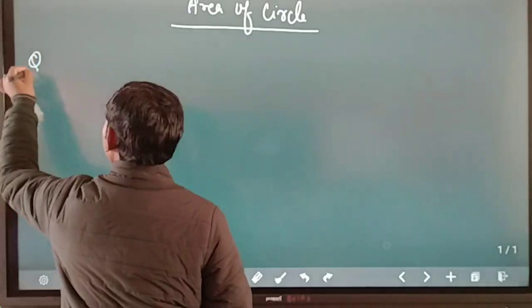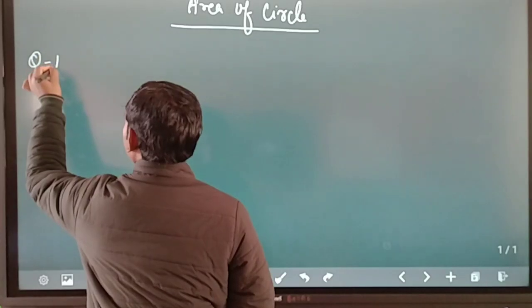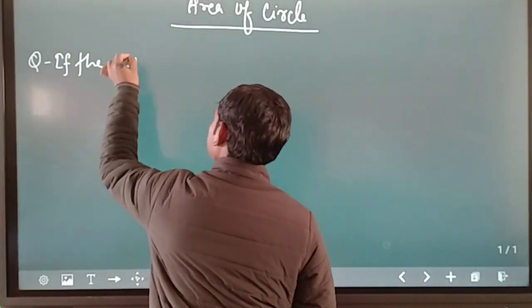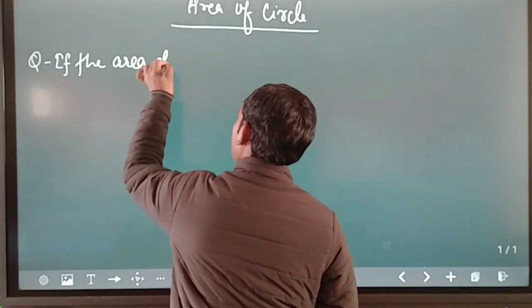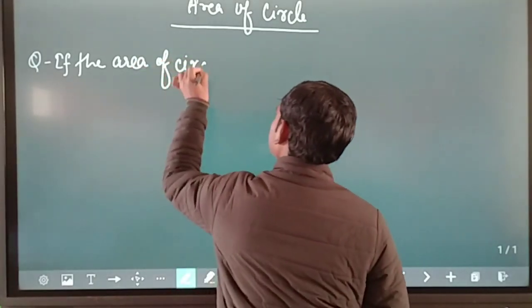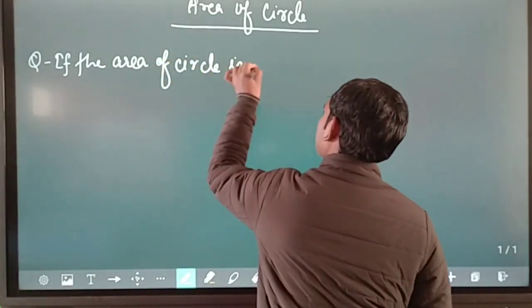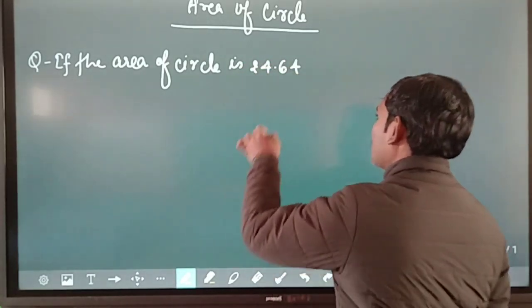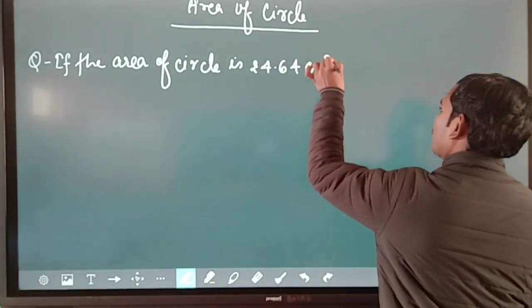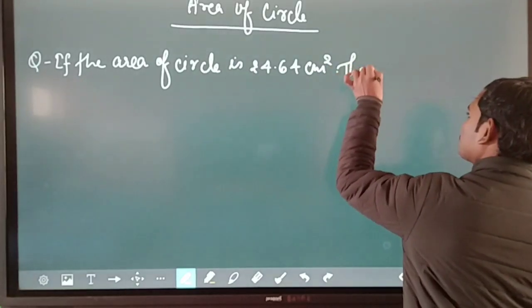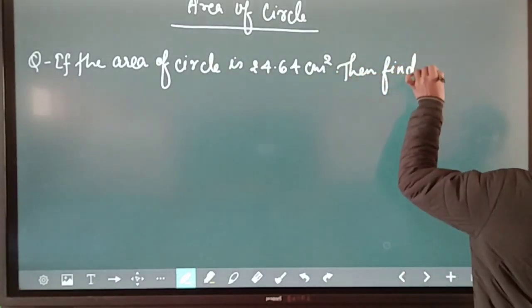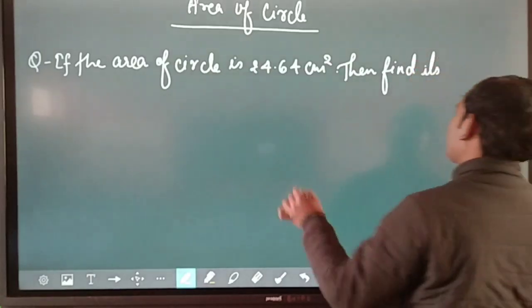And the question is, if the area of a circle is 24.64 centimeter square, then find its circumference.